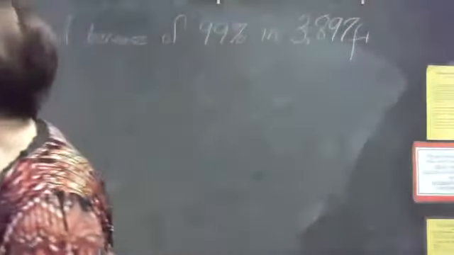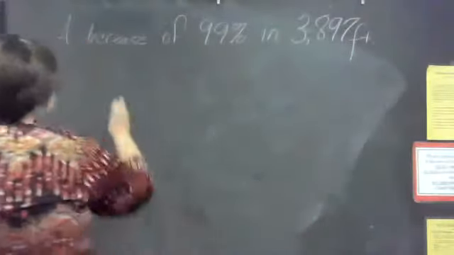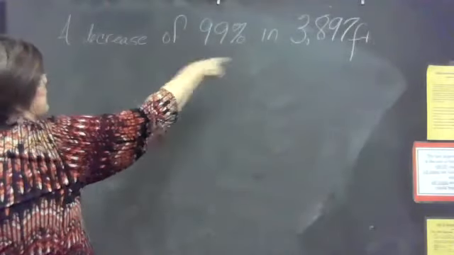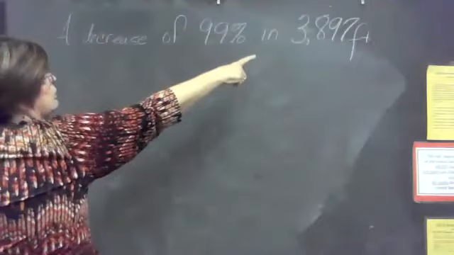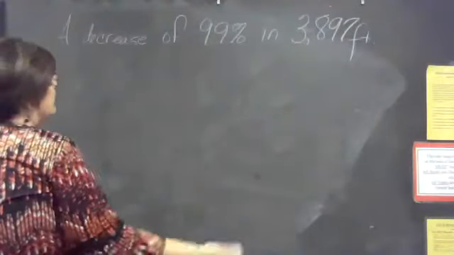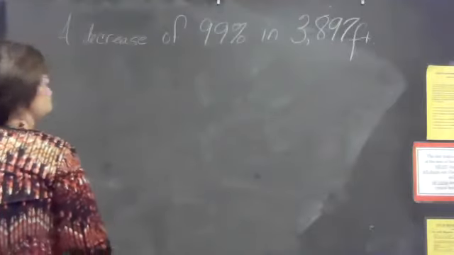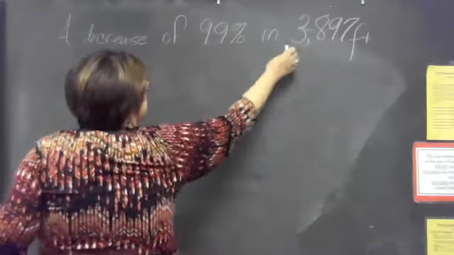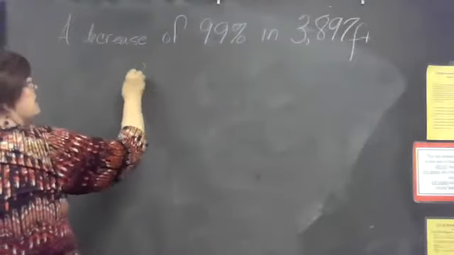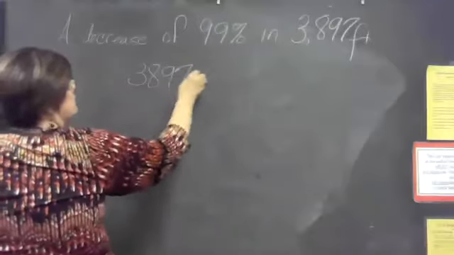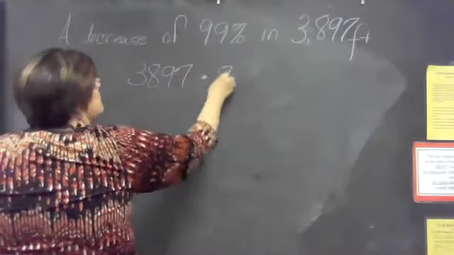So here's what we're going to do. We're going to subtract something from that. We're going to make that number smaller by 99%. 99% of what? Well, 99% of the original number. So I'm going to take 3897 times 99%.